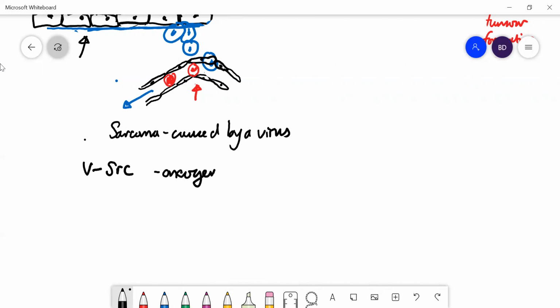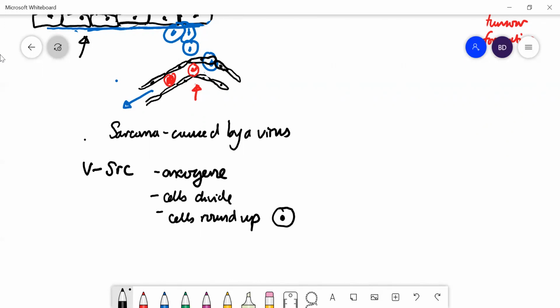The expression of this gene made the cells divide inappropriately, and it made them round up. They lose the shape that they're supposed to have and become general blob-shaped cells, and they just divide like mad.